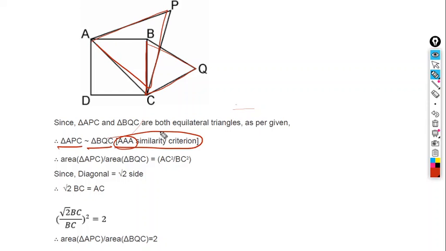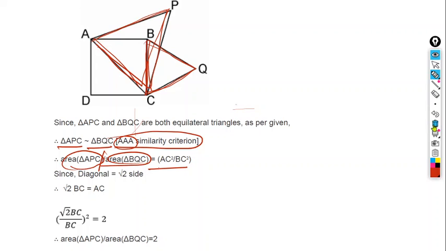Now, area of triangle APC divided by area of triangle BQC will be equal to AC square by BC square, isn't it?